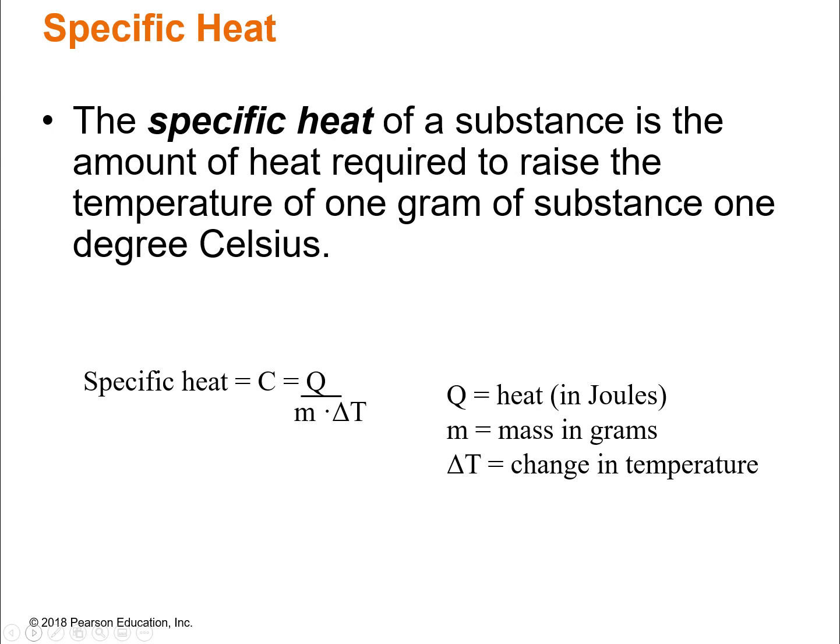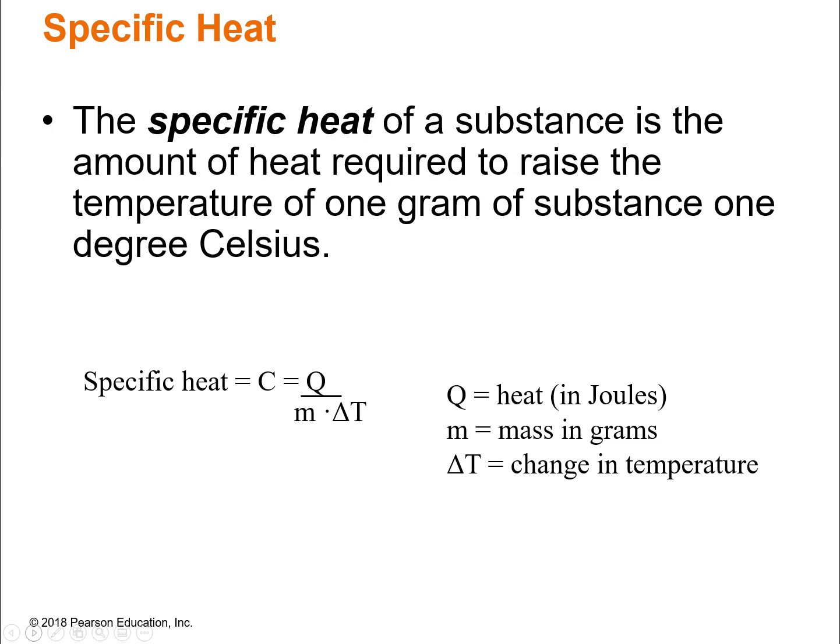The final concept we'll go over for Chapter 2 is specific heat. Specific heat is just the amount of heat required to raise the temperature of 1 gram of a substance by 1 degree Celsius. So if I had 1 gram of water, how much energy do I need to put into that water so that it goes from, say, room temperature to 1 more degree Celsius, right?